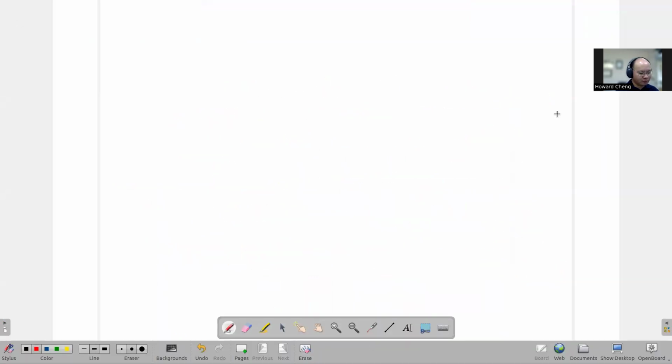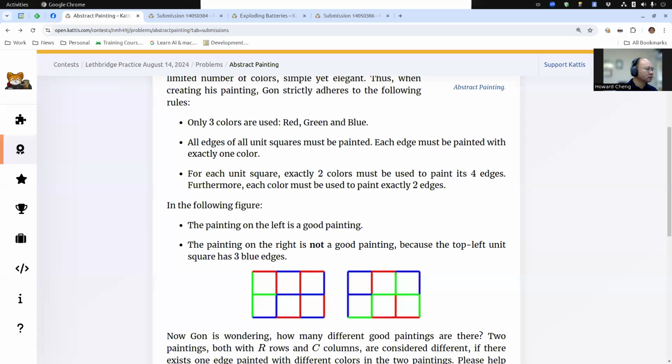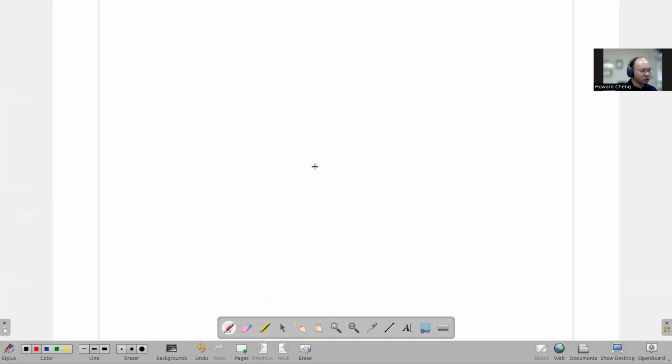Maybe the best thing to figure out, whenever you have a problem like this, is to start small. Figure out, can we do it for the smallest possible question? So the smallest possible question is 1 square. How many ways can we do this? Well, you can do blue.